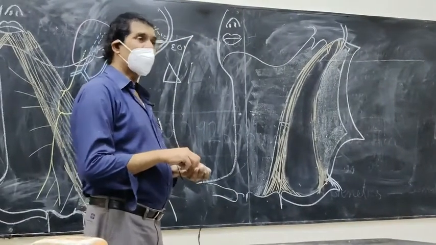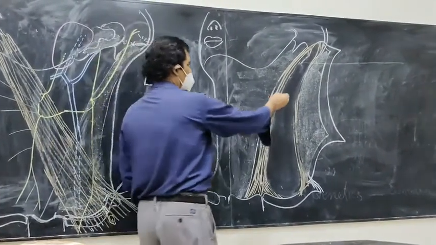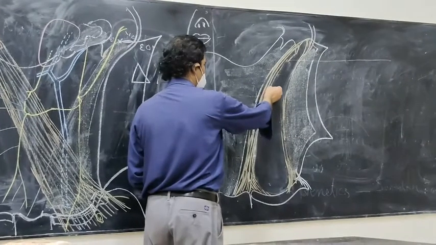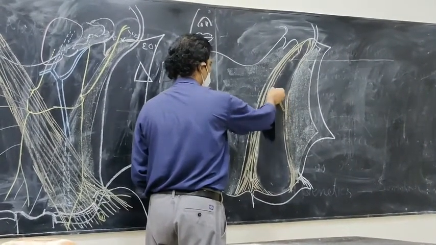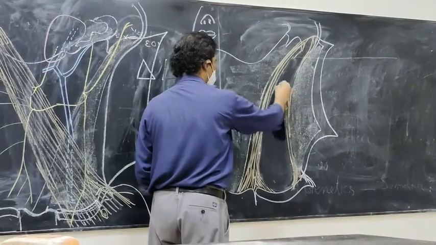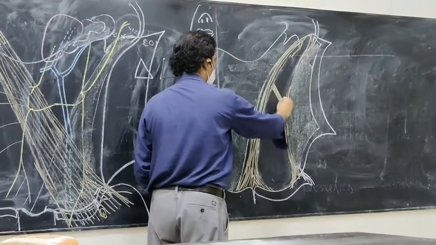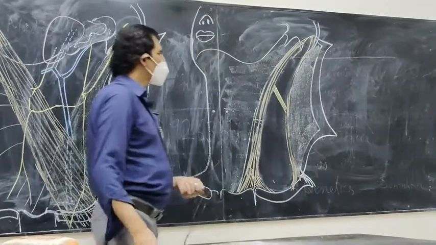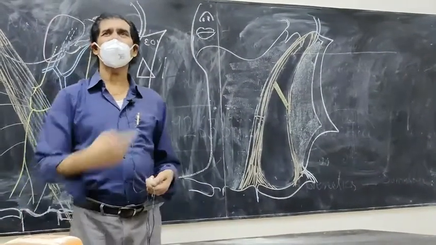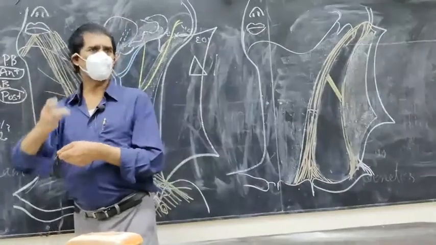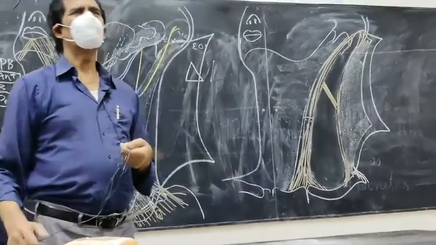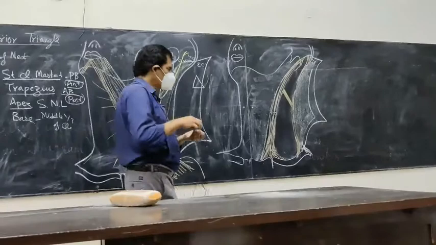In the contents, what do we see? An obliquely running nerve coming out of the sternocleidomastoid and entering the trapezius. This is the 11th cranial nerve, which is the nerve supply of both these muscles. What is the name of the 11th cranial nerve?